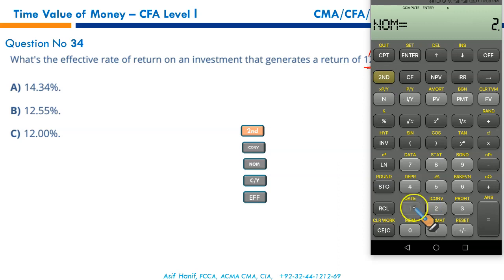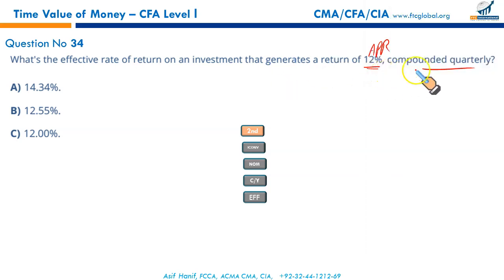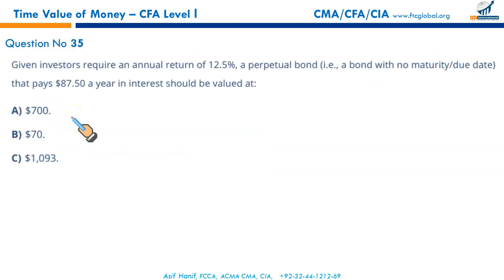Nominal rate is 12%, 12, enter, up. What is the compounding per year? There are 4 compoundings per year, that is enter, up, and then press CPT. Your effective rate is 12.55. Effective rate is 12.55 for an APR compounded quarterly. So that makes B the correct option, and B it is.